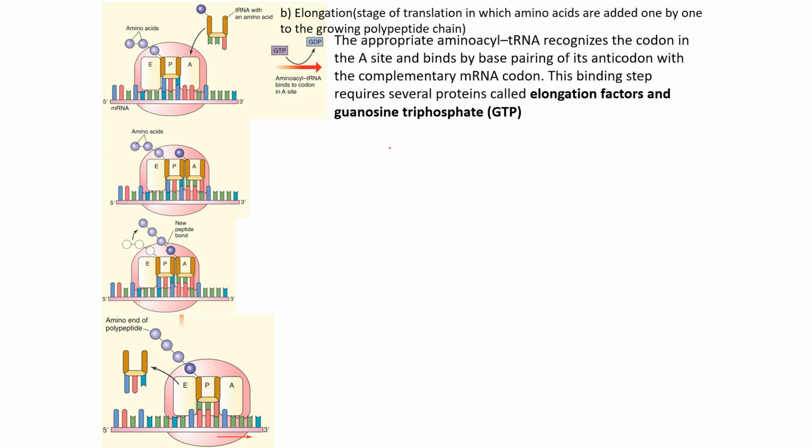So the appropriate amino acid tRNA will recognize the codon in the A site and bind by base pairing of its anticodon with the complementary mRNA codon. This is the base pairing here.